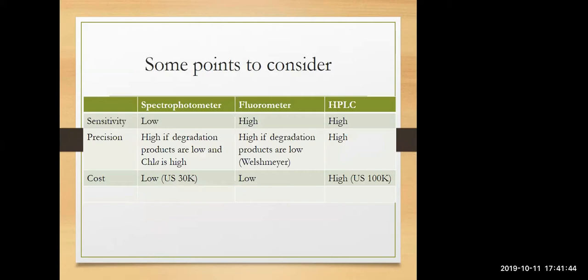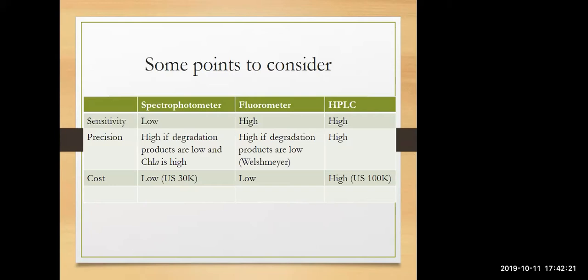Well, and finally, some points to be considered are the comparison among methods. I will come back to the objective of this talk, which was how to integrate available methods and about intercomparison studies. Well, the method that uses spectrophotometers has a low sensitivity.